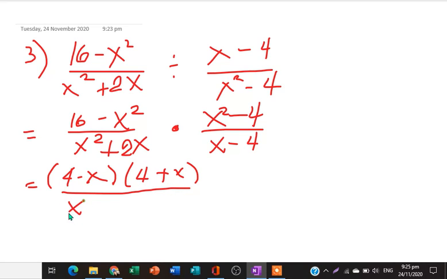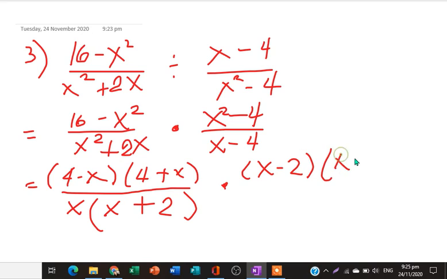So common is x. X squared divided by x is x, plus 2, because 2x divided by x is equal to 2. Times, again, this is difference of two squares. So we have x minus 2 times x plus 2. Then you just copy x minus 4.